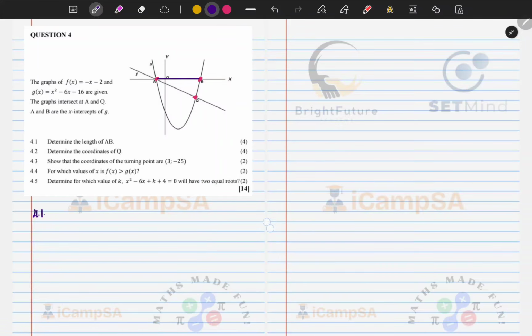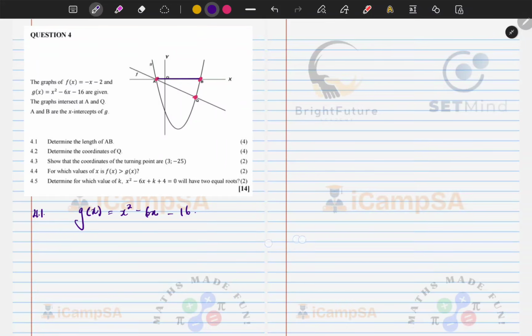In order for us to do that, remember we are told that A and B are x-intercepts. If we find the x-intercept of g of x, then we'll be able to find the coordinates, and then we'll be able to find the length. So we are going to use g of x, which is x squared minus 6x minus 16.